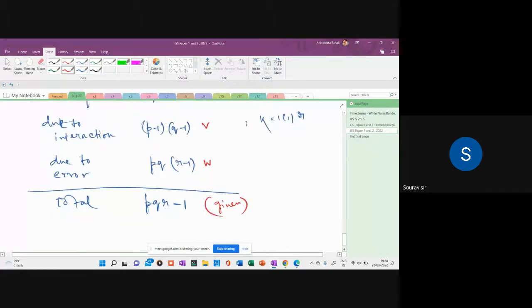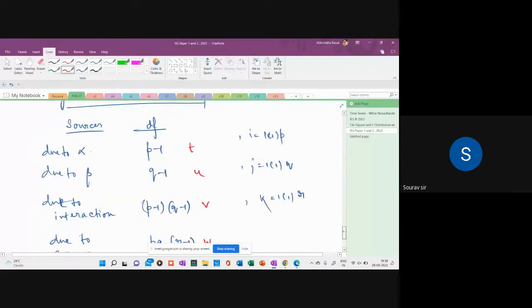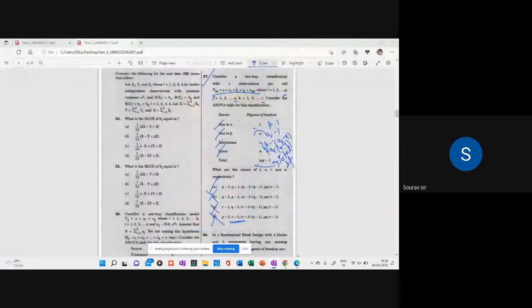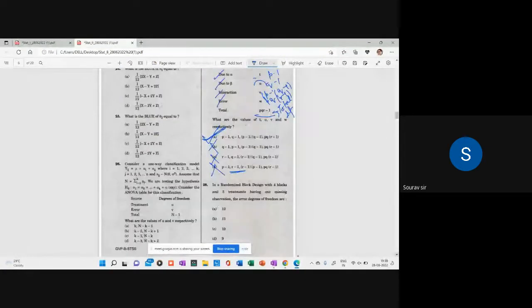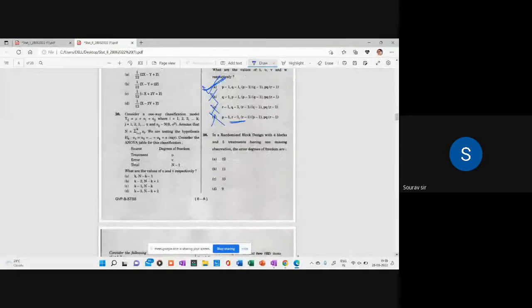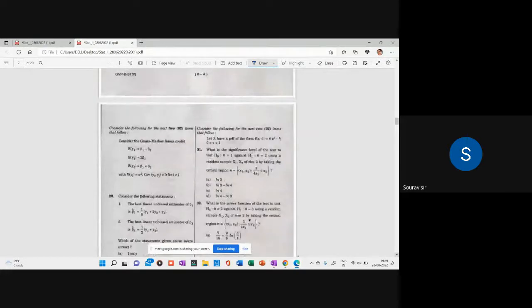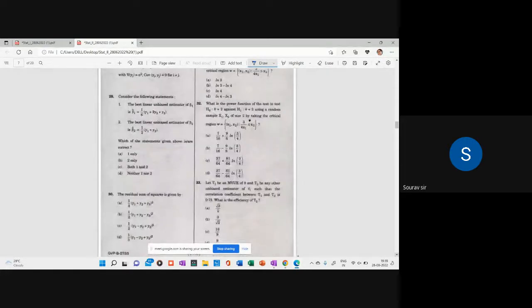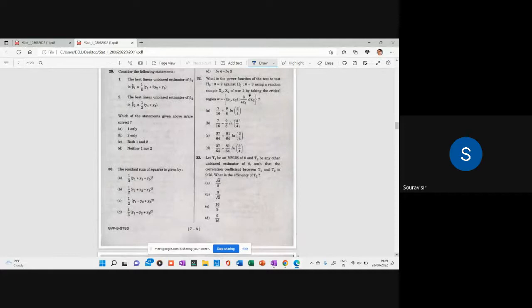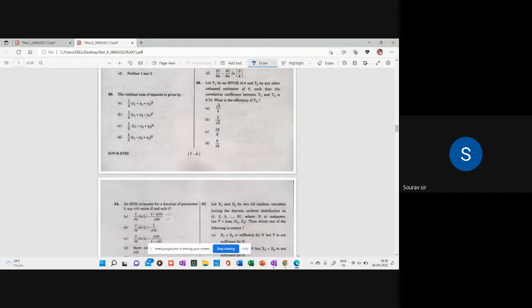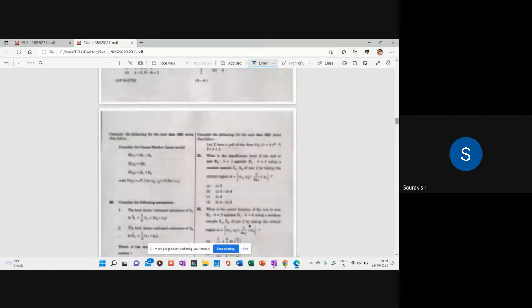Okay, so in that case, we have checked the order, and as per the order, this was the correct answer. Okay, so next, going for another sum. Let's check some small sums since we are running out of time.